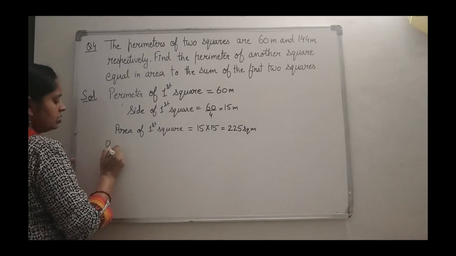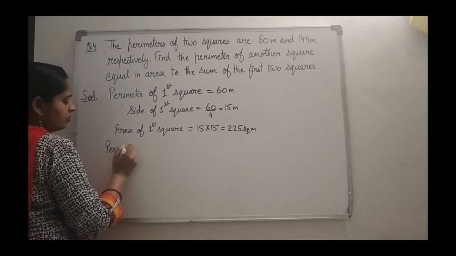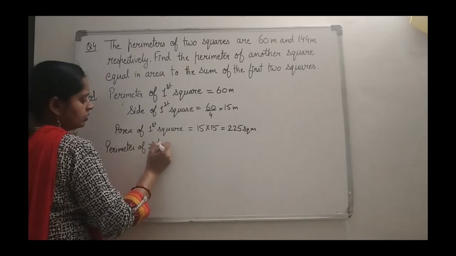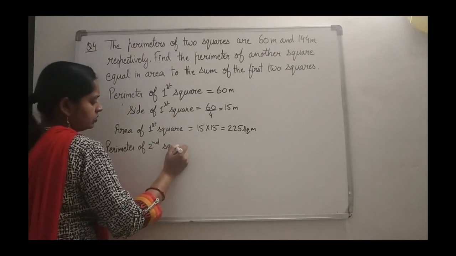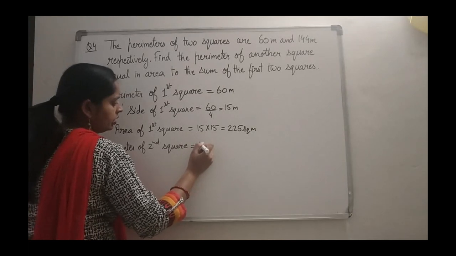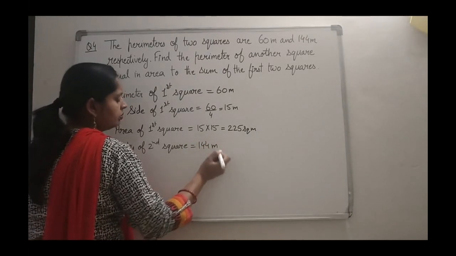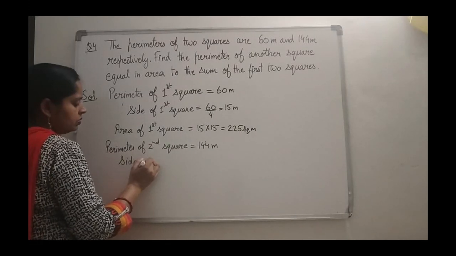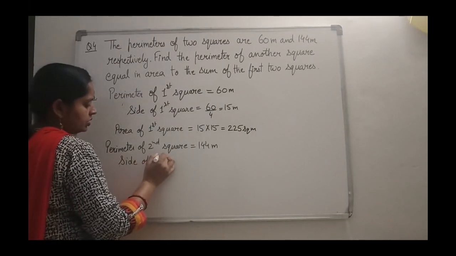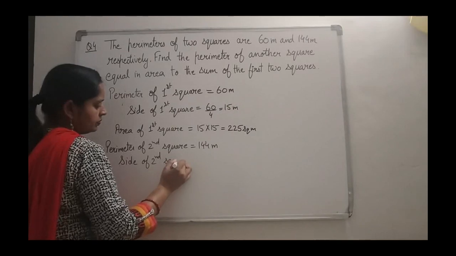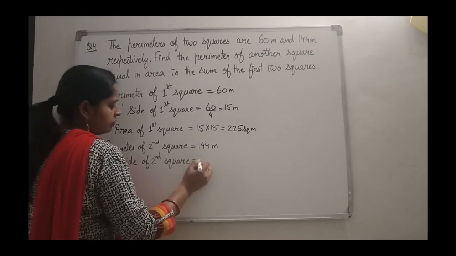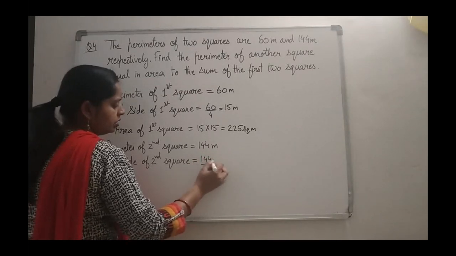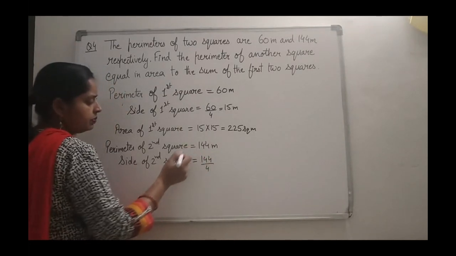Then again perimeter of second square is given 144 meter, right? So side of second square will be equal to 144 divided by 4, because this is the perimeter.